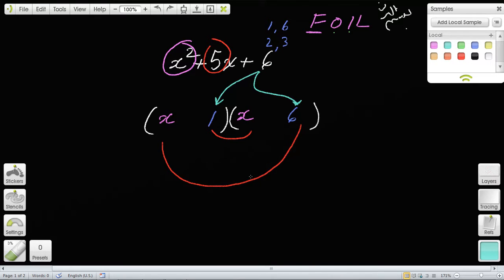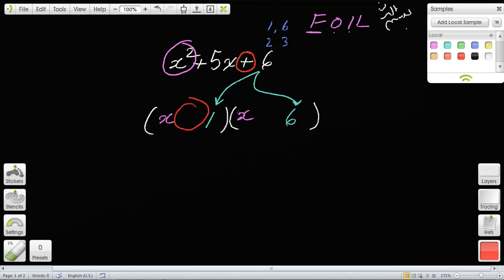So let's say somebody picked 1 and 6, okay? And this is wrong. We'll figure this out. Now, we said the third step is you look at the sign. If this sign is positive, that means the signs that are going to go here are going to be the same.